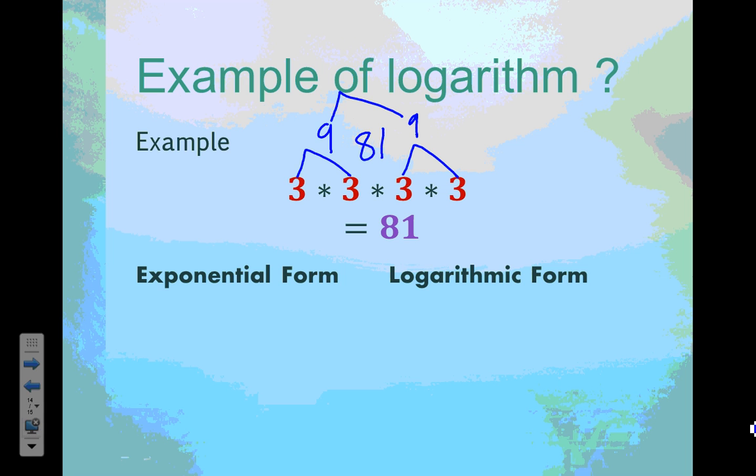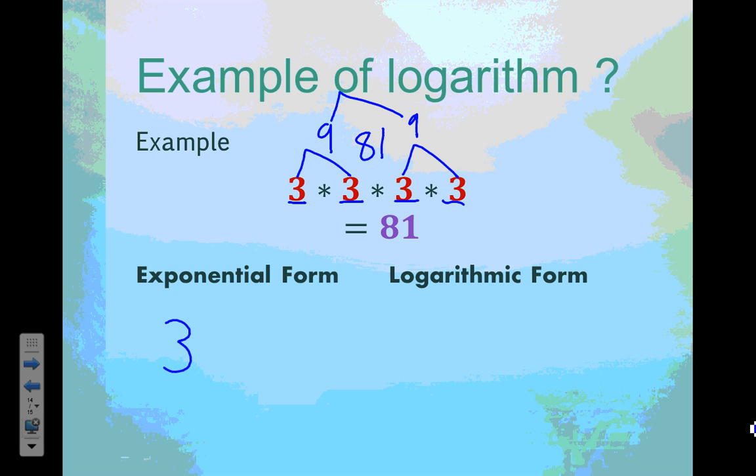We can write this in two forms, in logarithmic form or in exponential form. So let's start off with the exponential form. We say 3 is the base, raised to how many powers? It means how many times you are multiplying 3 by itself. I recognize I have 1, 2, 3, 4.